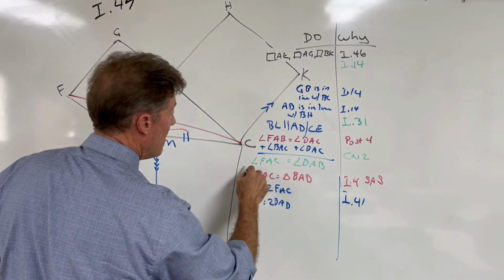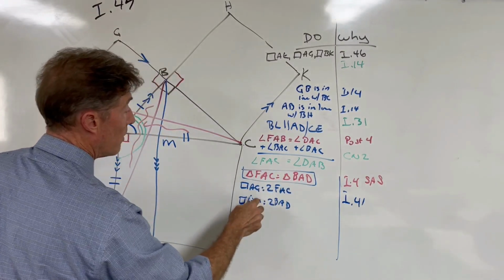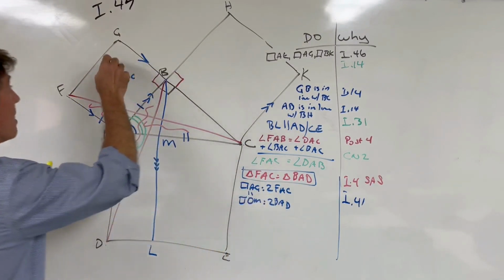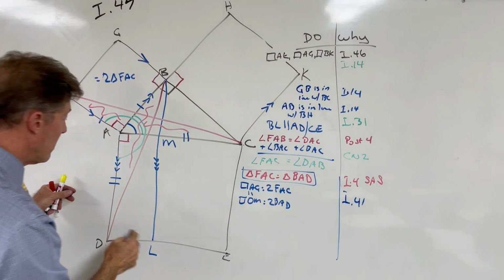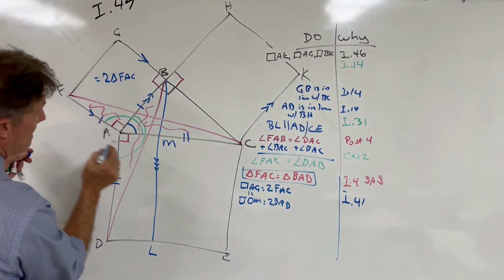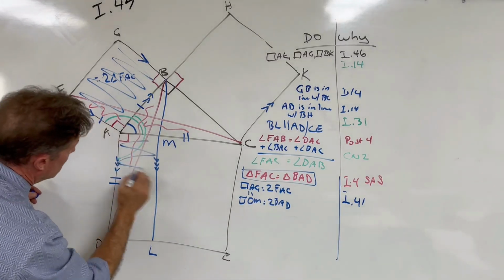But remember, these triangles are equal to each other, and doubles of equal things are still equal. Therefore, square AG is equal to parallelogram DM. Or maybe I can show it this way. This is equal to this.